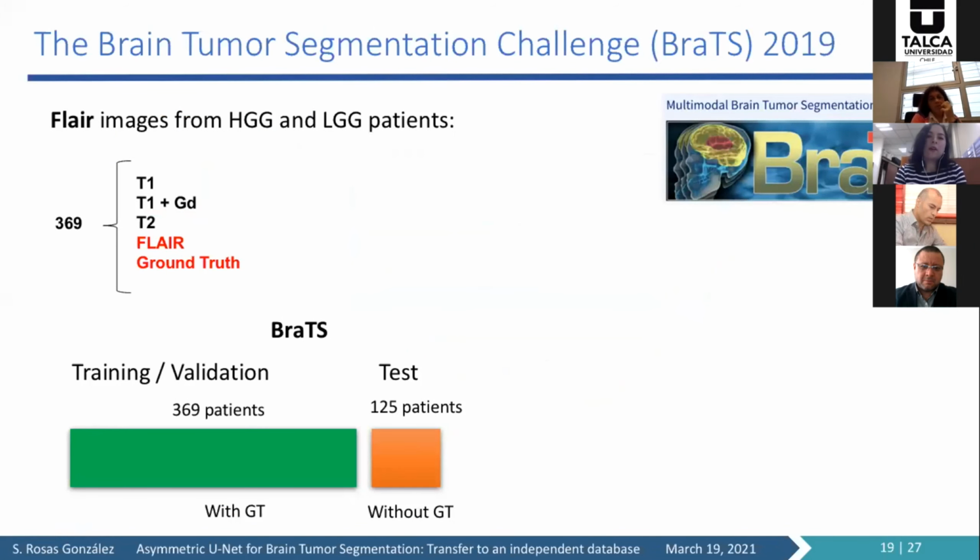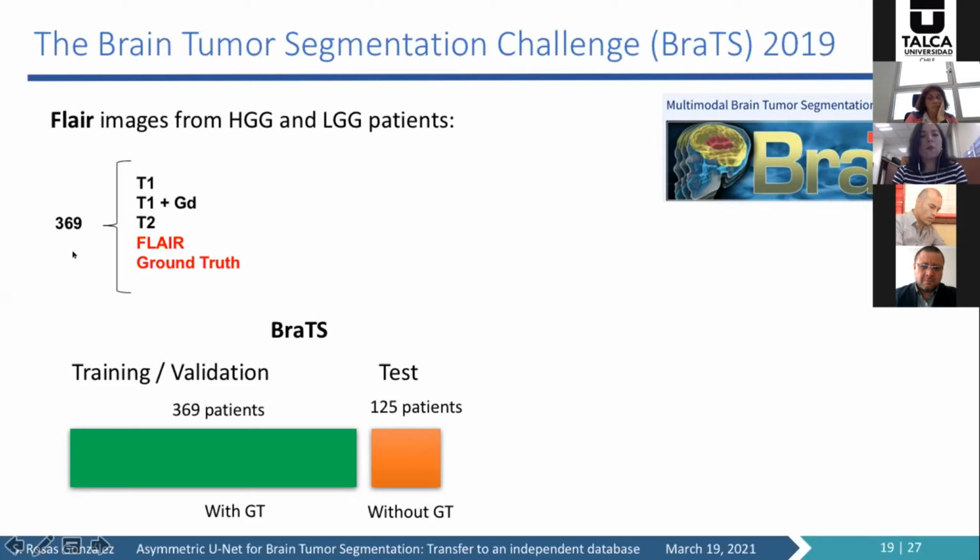To train a neural network, we need a large amount of data. That's why we are using the Brain Tumor Segmentation Challenge database, which is the largest publicly available dataset for this task. It contains different modalities, T1 with gadolinium, T2, FLAIR, and the ground truth segmentation.